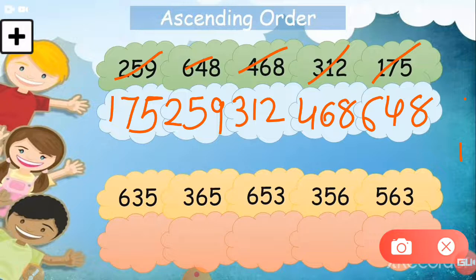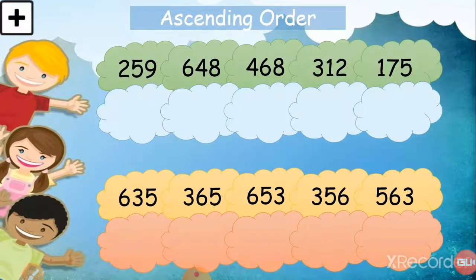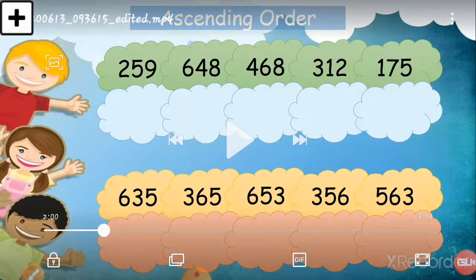Write down 635. Next one, 365. Next number is 653. I repeat, 653. Next one, 356. Please note down 356.